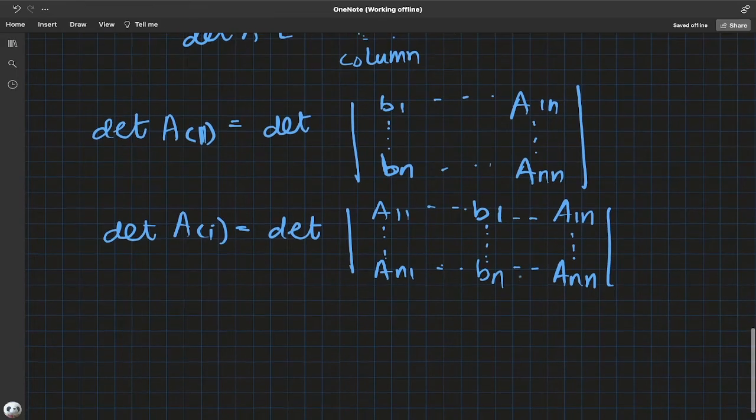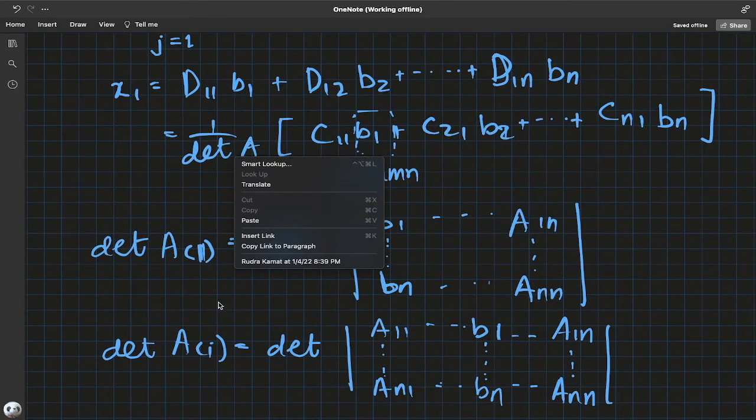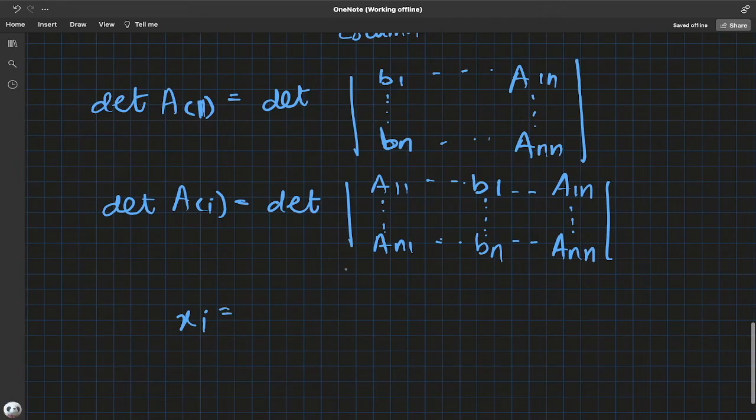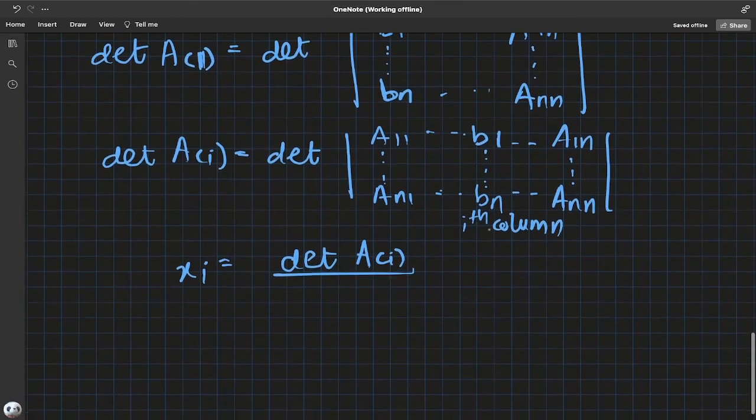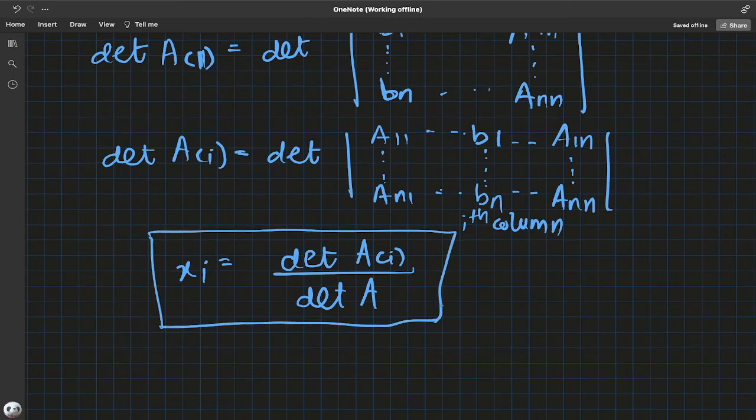And we take the determinant of this modified matrix, and that's just the bracketed term, and we still have to divide by the determinant of A. So x_i in general just becomes the determinant of A sub i, the modified matrix that we talked of, where we replace the ith column with the elements of B, over the determinant of A. That's what the formula for Cramer's rule says, and this directly gives you the unknown x. Don't need to multiply anything.